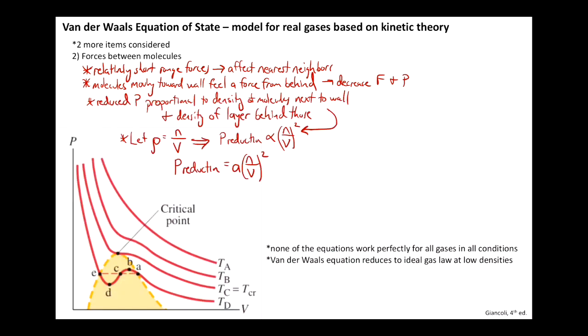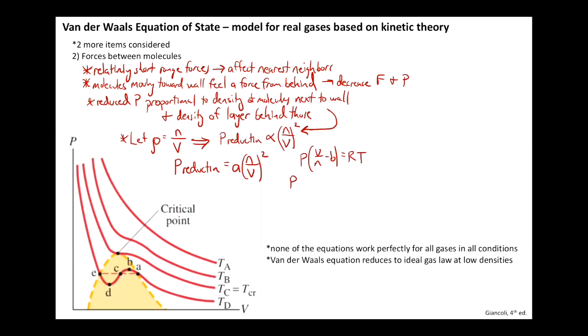So again, starting with the ideal gas law. Actually, we're going to start with what we had before. We already said pressure times V over N minus B is equal to R times T. So we're going to already include number one, the first modification that we made to the ideal gas law. I'm going to start by solving that for pressure so I can subtract something out of the pressure.